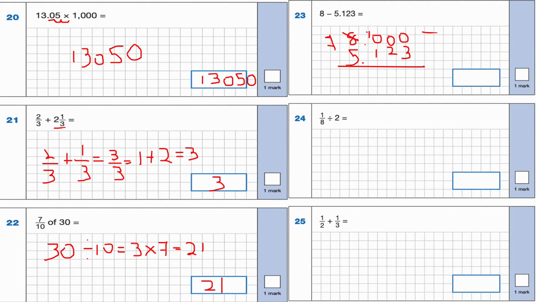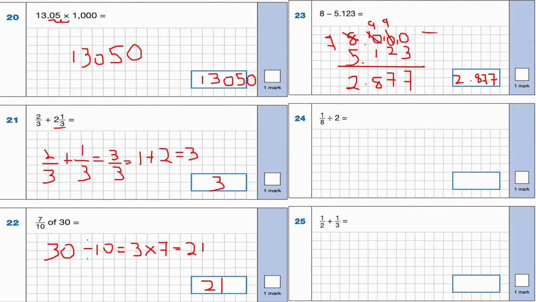That becomes a 10. Cross that off again, that becomes a 9. That becomes a 10. Cross that off one more time, that becomes a 9. And that becomes a 1. 10 take away 3 is 7. 9 take away 2 is 7. 9 take away 1 is 8. Okay, and 7 take away 5 is 2. So that answer is 2.877. Okay, for that one.